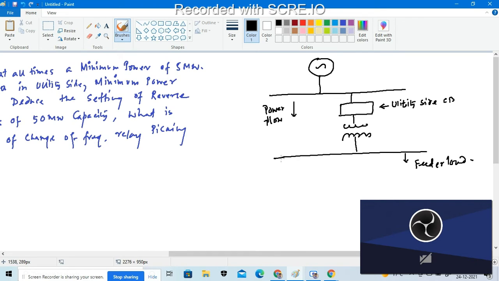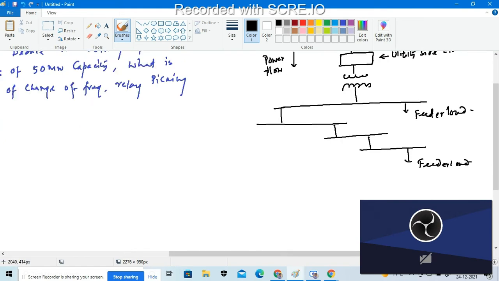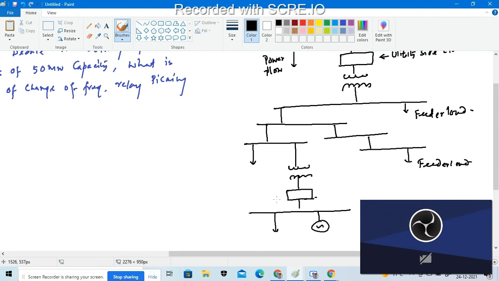Feeder load. Here we have a reverse power relay, and that will be connected with the local generator. Okay, so this is my plant generator.